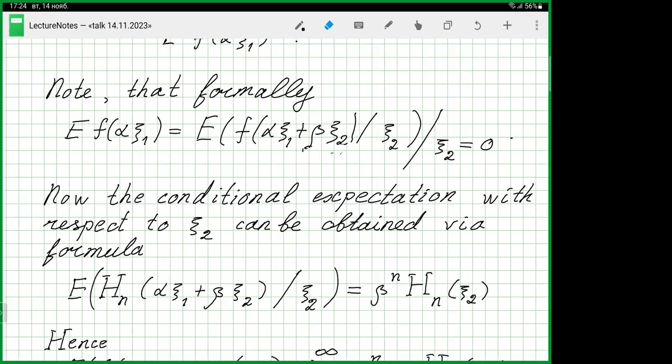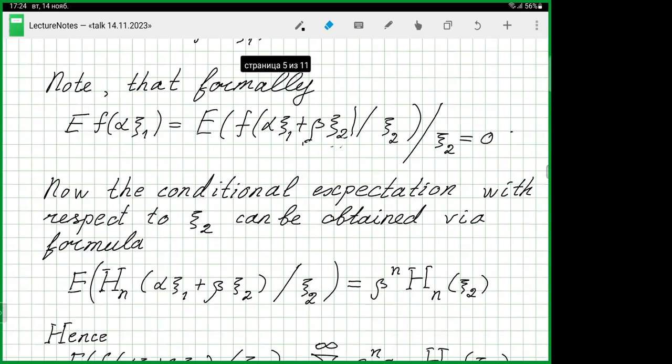Hermite polynomials are not only very good from the point of view of orthogonal structure. Everybody knows that they form an orthogonal basis in the space of functionals of a standard Gaussian random variable. But they are also very convenient when we calculate conditional expectation. You see, you have here beta to the power n.